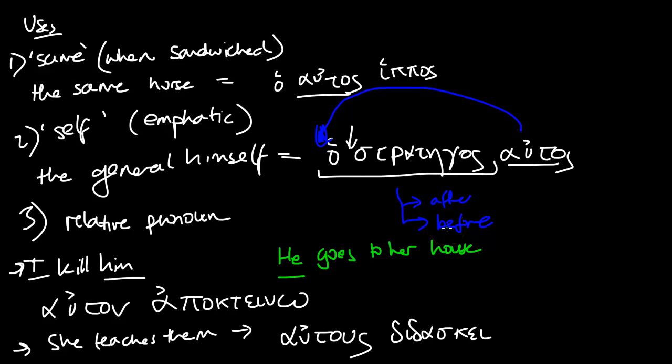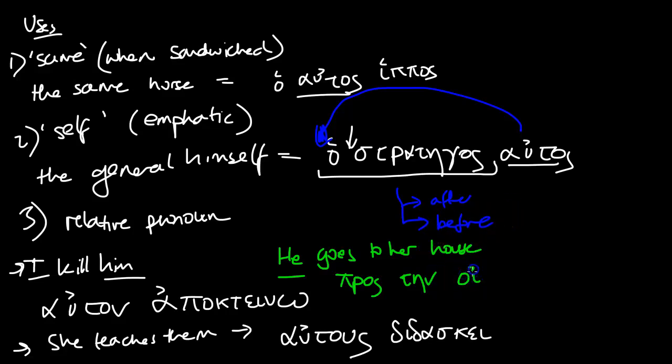If it's referring to the same person, so if it was like he goes to his house, then you use another word that we're going to come across soon. But if it's a different subject, you use autos. So literally, he goes to the house of her. So pros ton... And actually, it's not sandwiched as well, which is key.